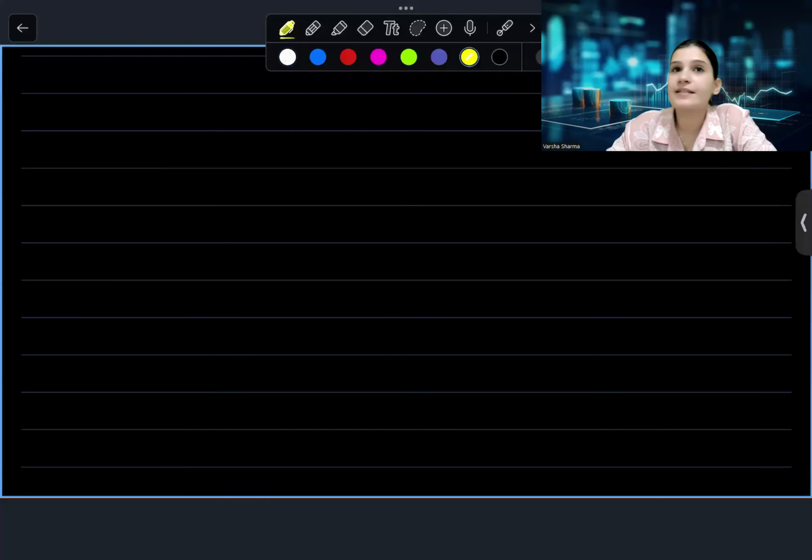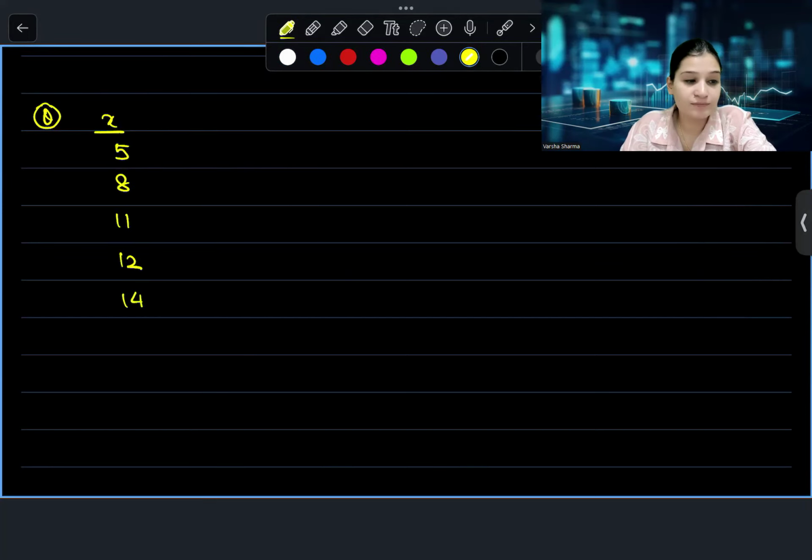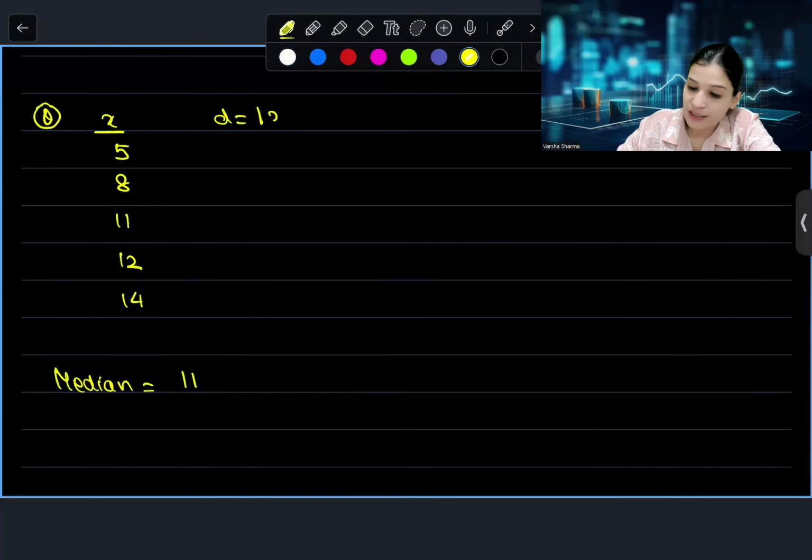For median, it is necessary to arrange the data in ascending order. Question, individual series: 5, 8, 11, 12, 14. Find median. Median is the middlemost value. Which one is the middlemost value? 11. Median is 11. Now the deviation will be calculated from 11.